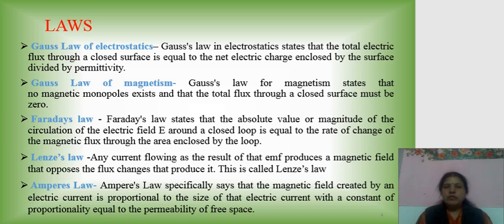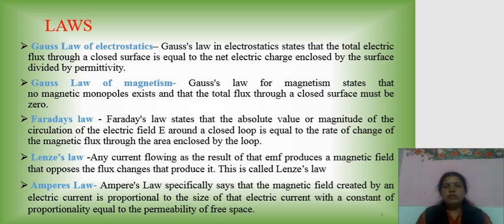Next one, Faraday's law. Faraday's law states that the absolute value of the magnitude of the circulation of the electric field E around a closed loop is equal to the rate of change of magnetic flux through the area enclosed by the loop. You know this, that total EMF is equal to minus dou B by dou t.